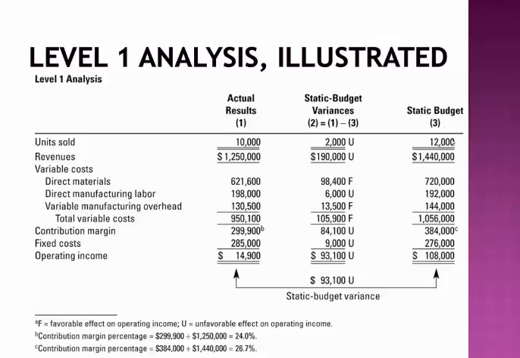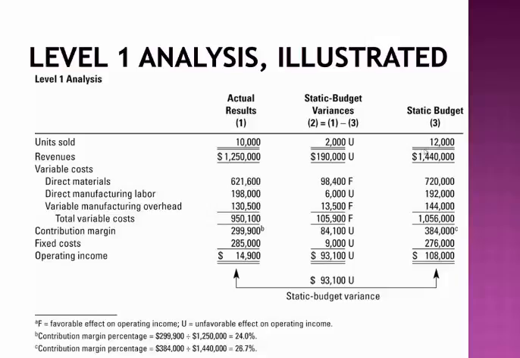12,000 budgeted units versus 10,000 actual. 10,000 actual units sold is 2,000 less than the static budget or the master static budget. 2,000 less sold is unfavorable.